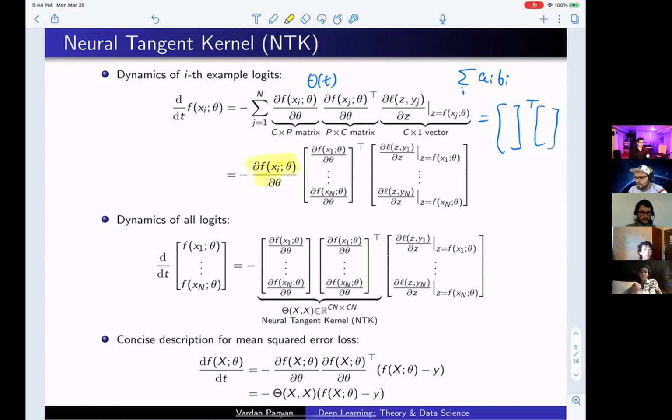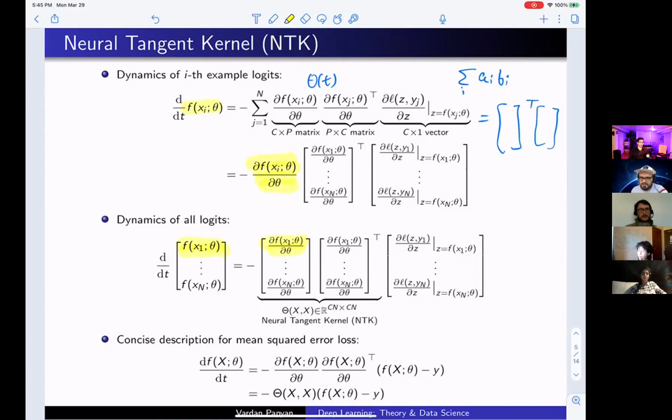So this is the xi, right? So you just stack them on top of each other. So this would be f x1, df x1 theta d theta. Just stack equations on top of each other. Very, very simple.